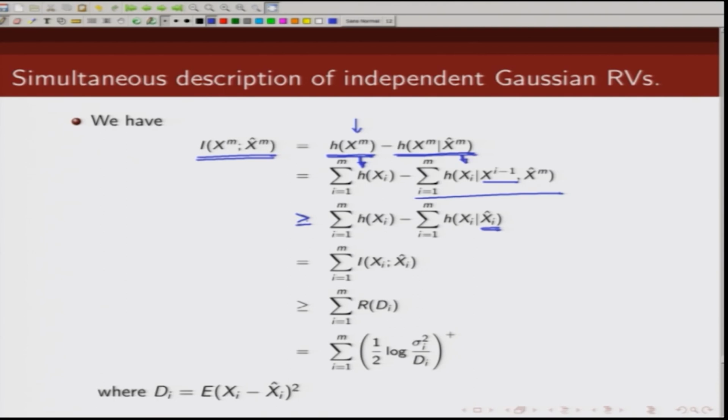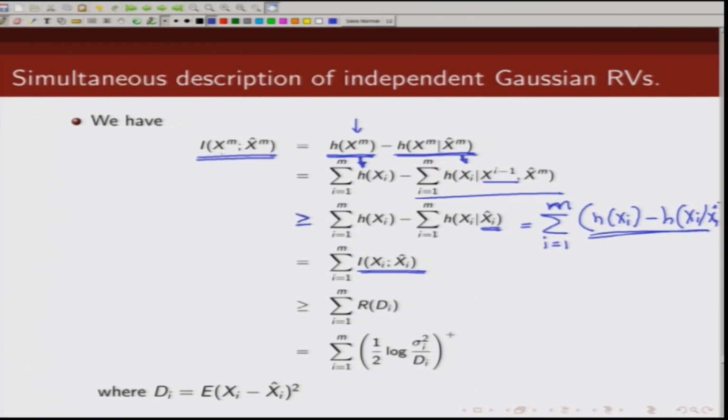Now this can be written as summation i equal to 1 to m of h of xi minus h of xi given xi hat. From the definition of mutual information, this is the mutual information between xi and xi hat.